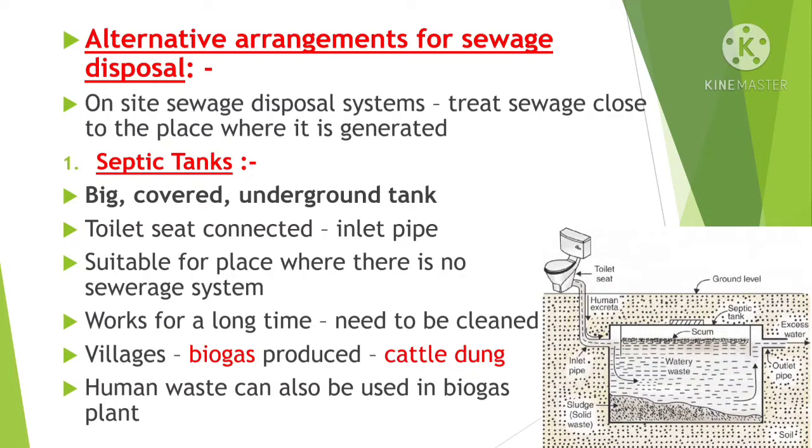Now the septic tank toilets are suitable for those places where there is no sewerage system, like the places which don't have the sewerage system. These septic tank toilets can be used there.